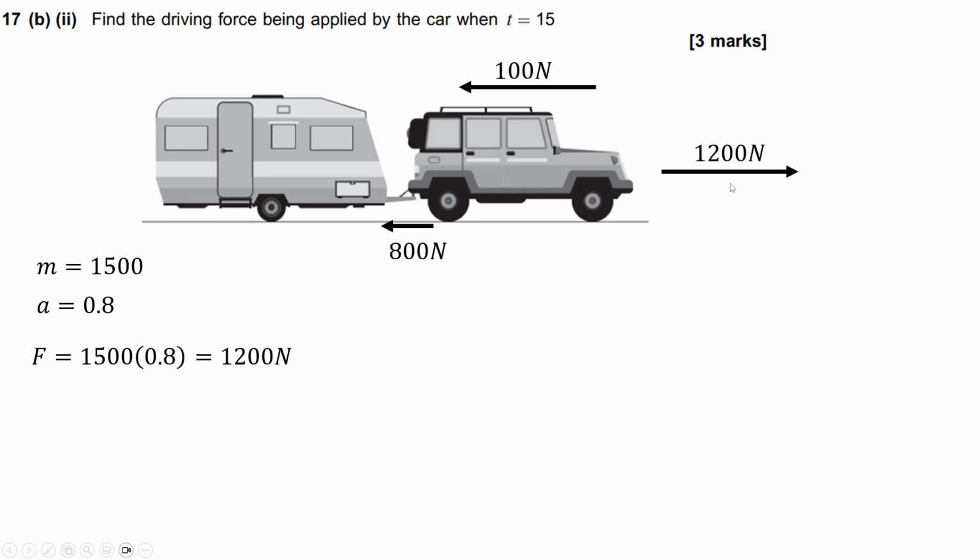Now, the car wants to push forward 1200 newtons, and that's the minimum force that it's going to be pushing forward, according to F equals ma. That's ignoring this and this, but it also needs to account for this and this. So on top of pushing the 1200 newtons, it needs to push an extra 800 newtons and an extra 100 newtons to account for this and that. I hope that makes sense.